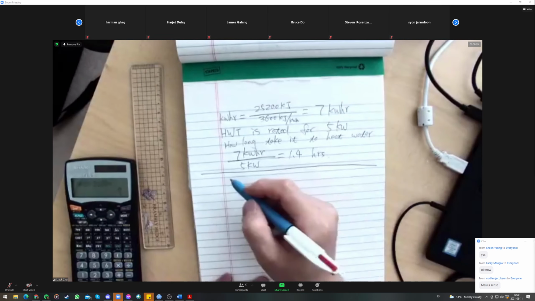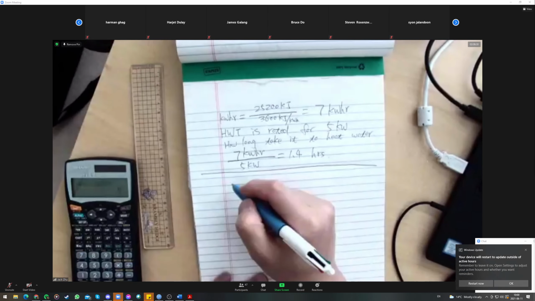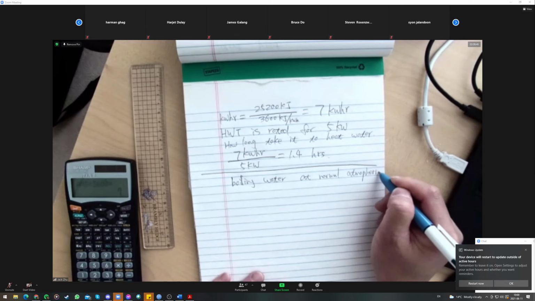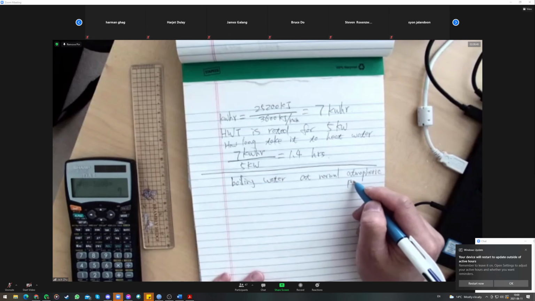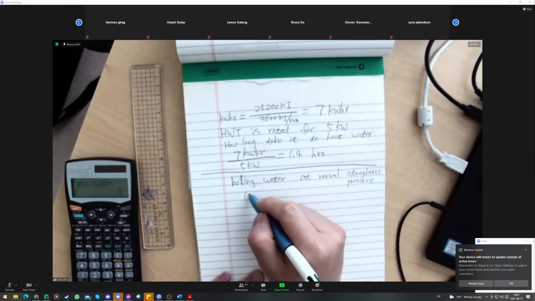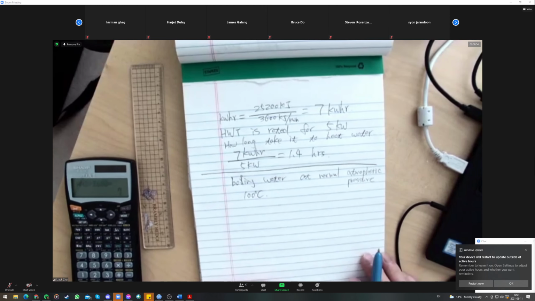So another thing you either know or you don't know. When you're boiling water at normal atmospheric pressure, the water will boil at 100 degrees Celsius.